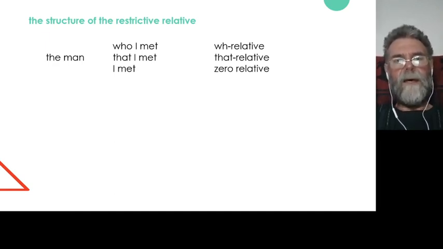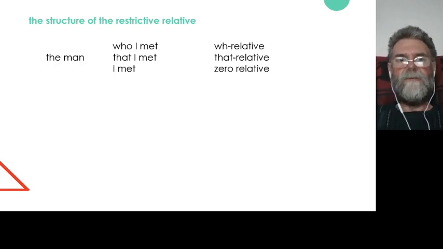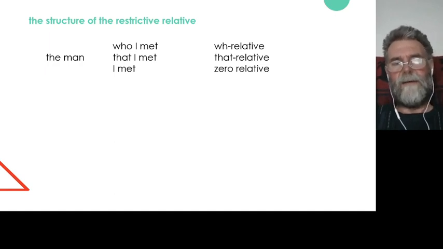Now, looking at the WH relative, we see it, like the non-restrictive relative clause, has a WH phrase in it, and moreover that WH phrase is clearly related to some position inside the IP. Here we've got the verb to meet, and meet is a transitive verb which therefore must have an object, and we don't see the object here, and the reason for that is because obviously that is the WH phrase.